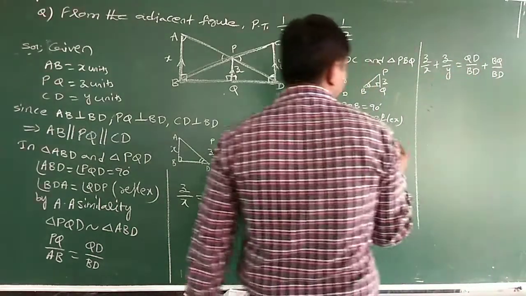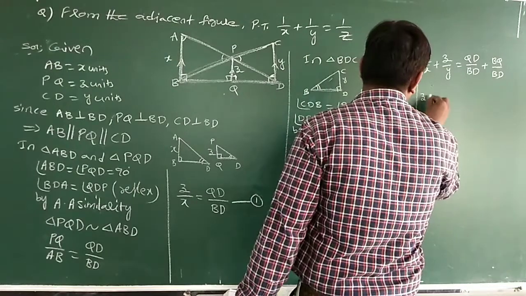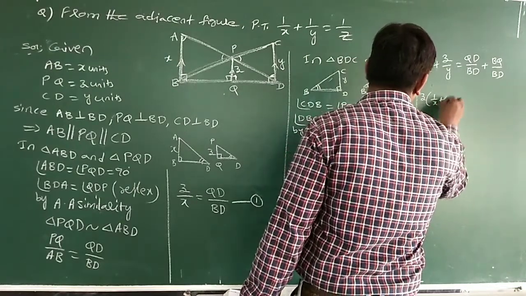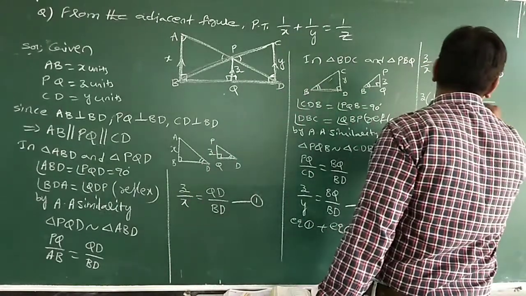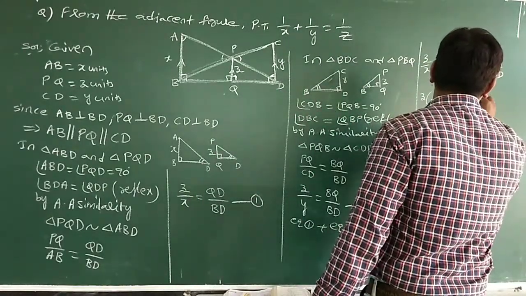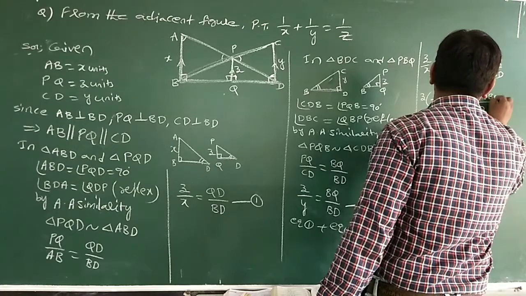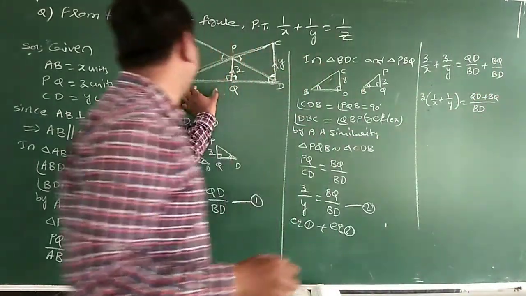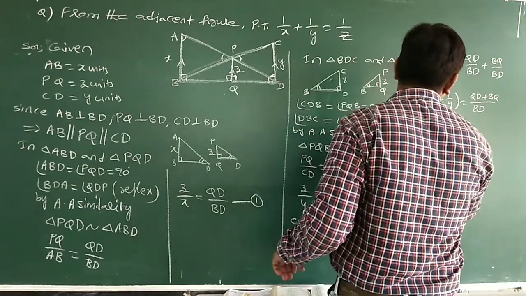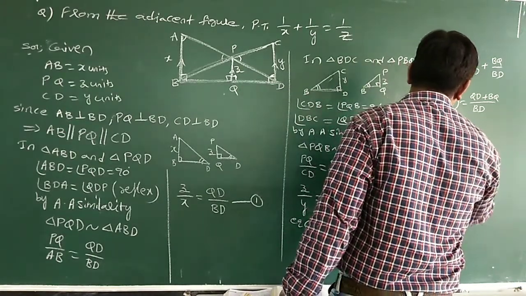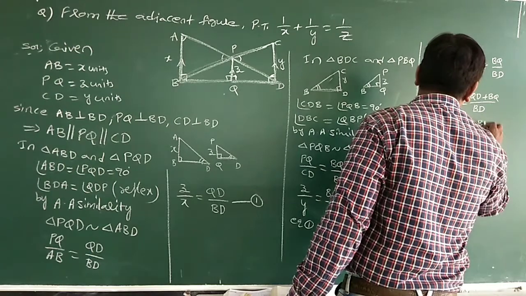Now here, if you take Z common, 1 by X plus 1 by Y is equal to, with common base BD, QD plus BQ. QD plus BQ is nothing but BD only. So Z into 1 by X plus 1 by Y is equal to BD by BD.